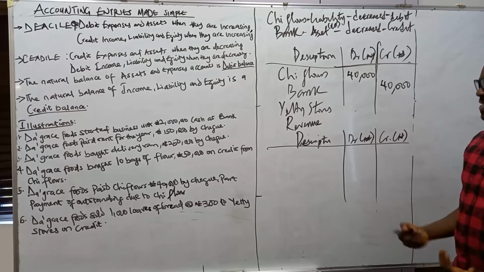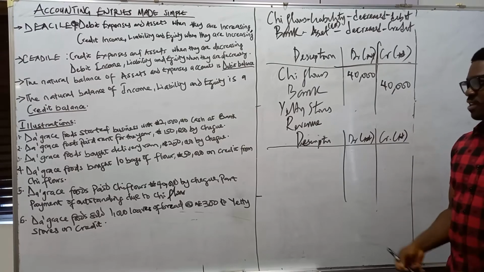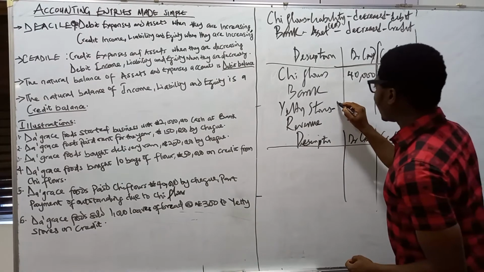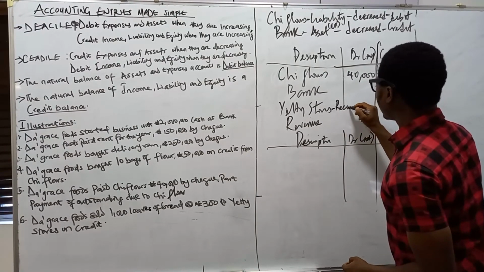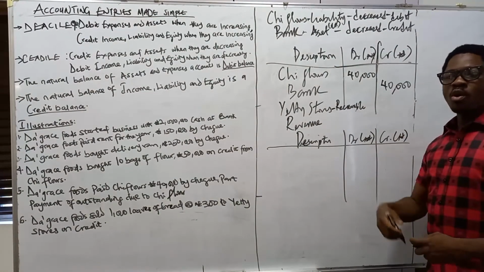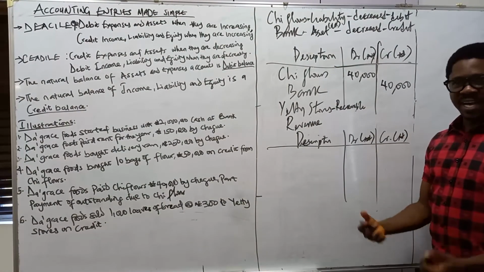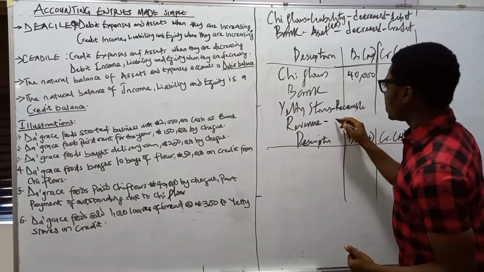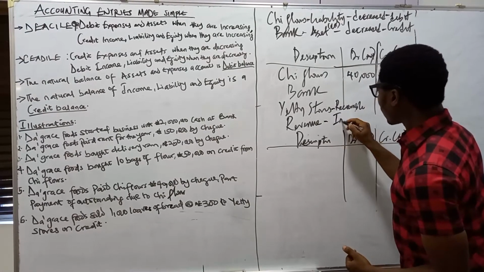What class of account is Yeti Stores? What class of account is revenue? Yeti Stores is a receivable. Receivable used to be called debtor before the advent of IFRS. Revenue is an income.